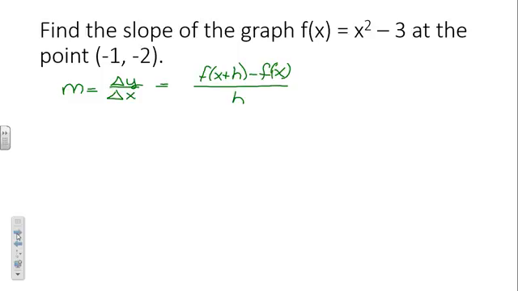So what's actually happening here is we're going to say f of, what is our x value? -1 plus h, minus f of -1, over h. But what does our function say to do?